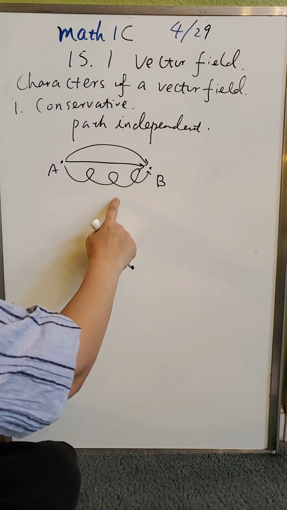Your work does not change. The work is the same for all paths. The important thing is your starting point and your end point. How you get there doesn't matter. It's all the same. So that is what conservative means.